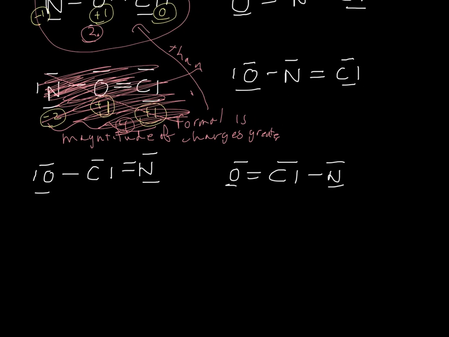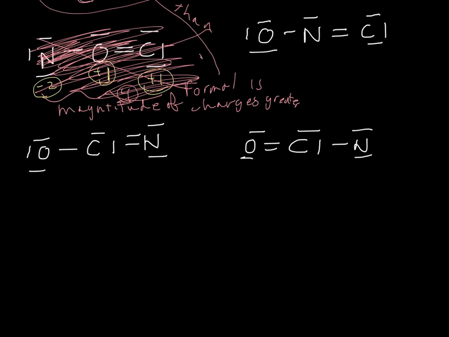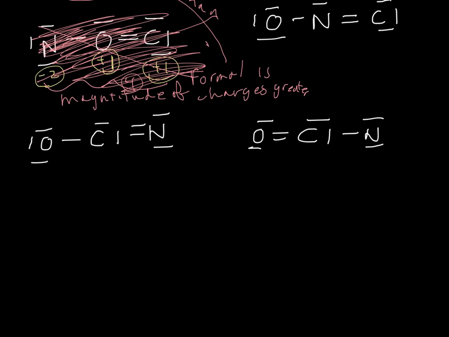Let's look at our 2 chlorine structures next and do their formal charges. We've got an oxygen here. Oxygen has 6 valence electrons because it's in group 6A. It's participating in 1 bond, and it has 2, 4, 6 lone electrons.